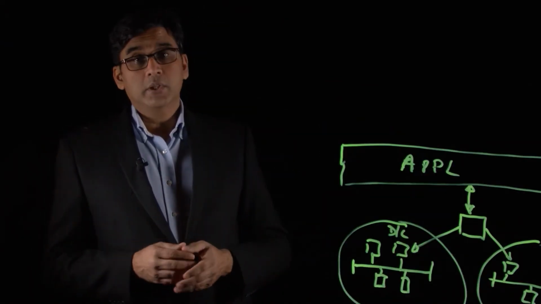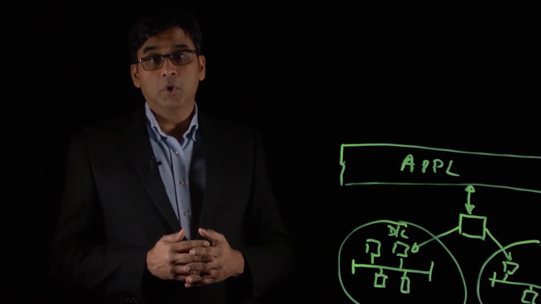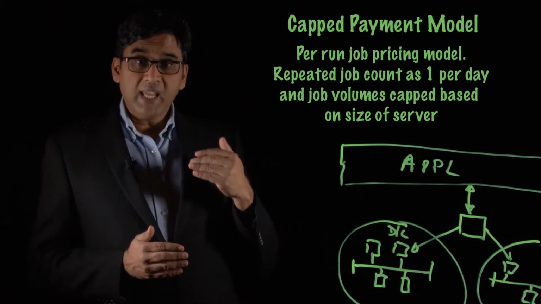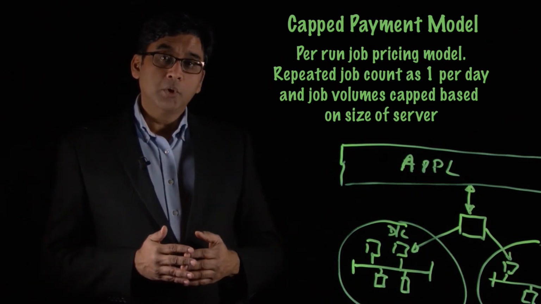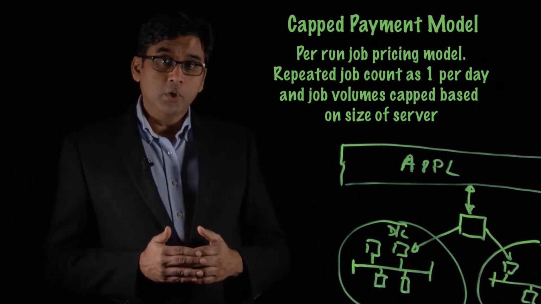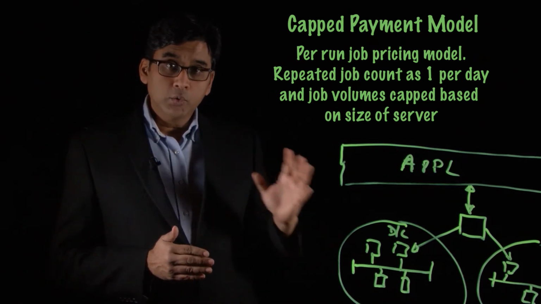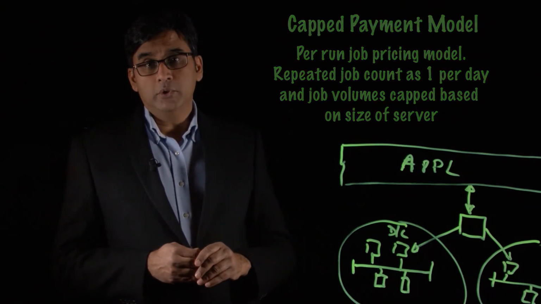So how is jobexecutor.com priced? Well, it's priced on a per job model. So it's based on the executions that you have. But what we want to do is to make sure that costs don't run away. So we cap both the repeat jobs and also the total number of jobs that you run.